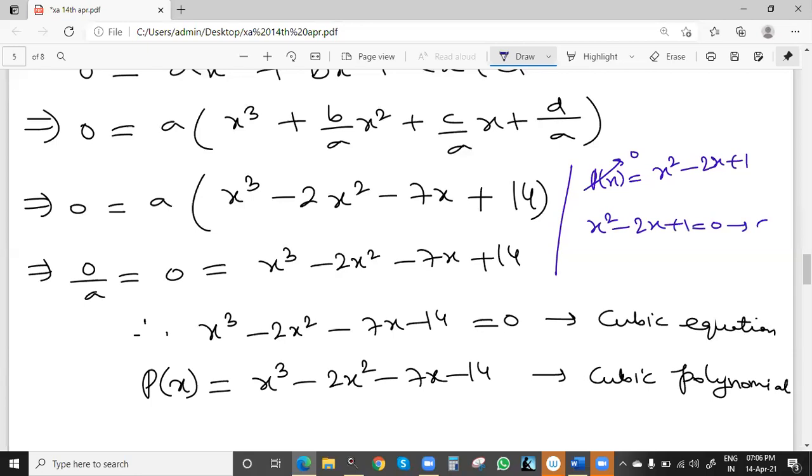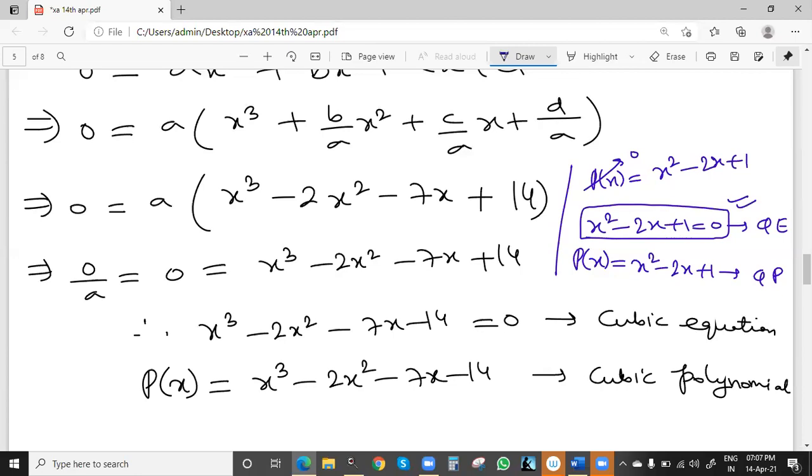This we call a quadratic equation. The quadratic polynomial was px equal to x square minus 2x plus 1, and when px we assume as 0, then it becomes a quadratic equation. We can find the zeros value after getting this quadratic equation, by the quadratic formula or splitting the middle term.